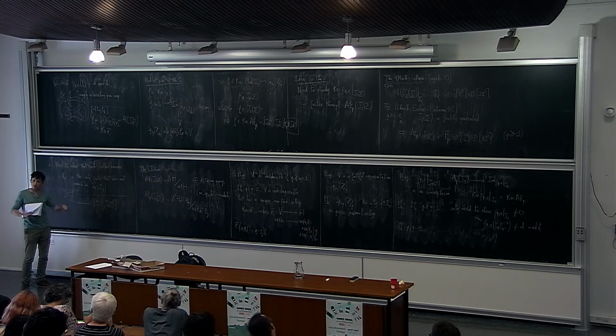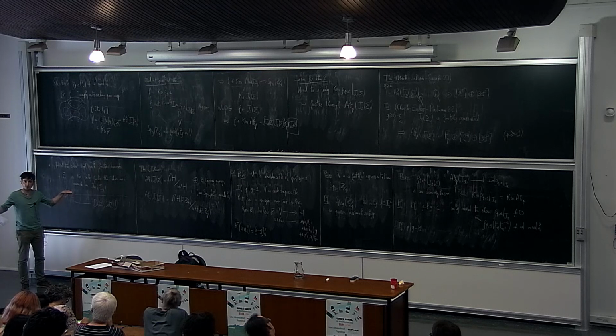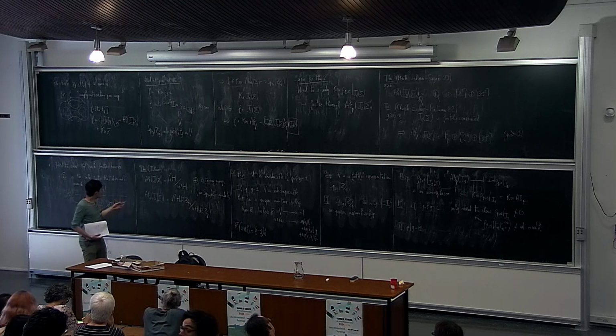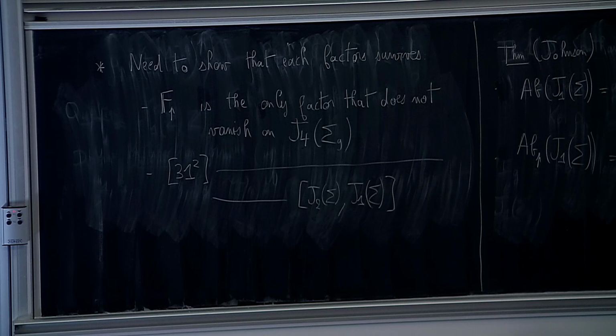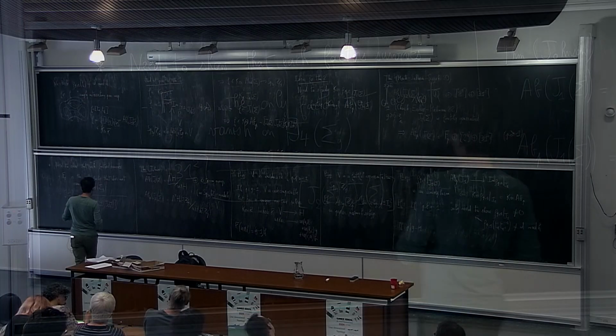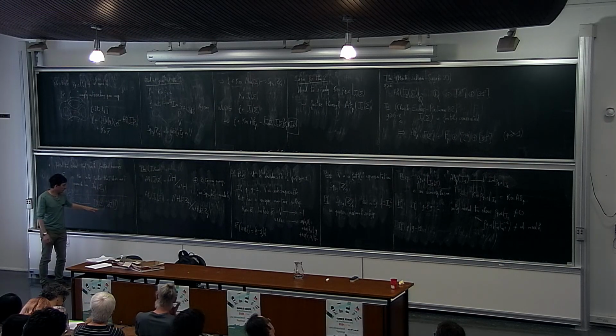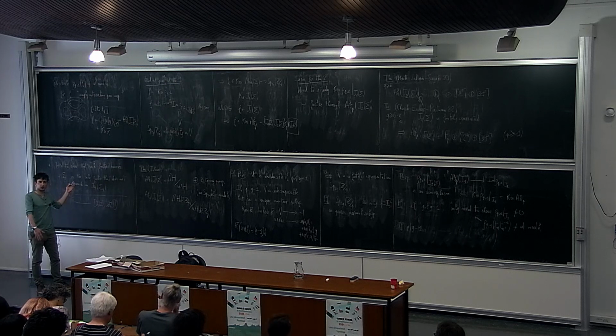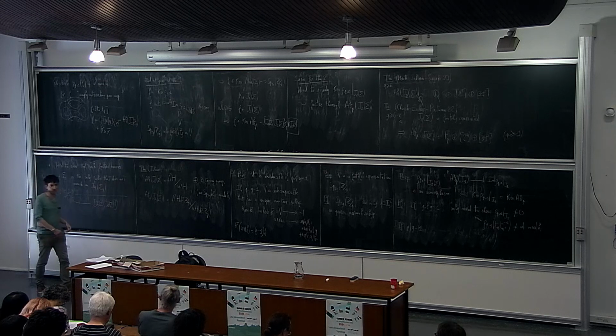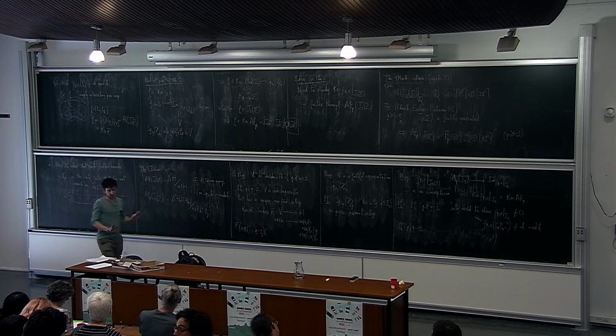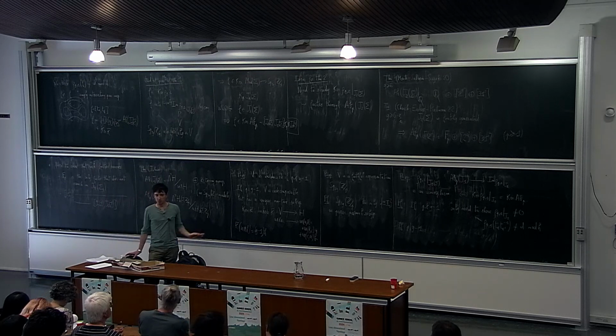If you know that the first and third factors are not killed, there is a last trick to show that the middle factor is also not killed, which is to look at the codimension of the image of this guy inside the image of J2 and show that it's larger than 1. So we know this has dimension 1. Okay, and that's the strategy for concluding. Okay, and I'm done here.